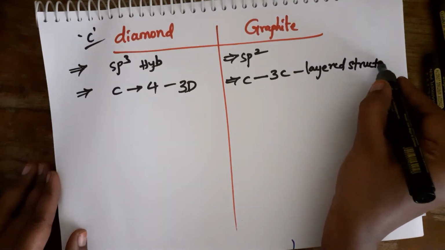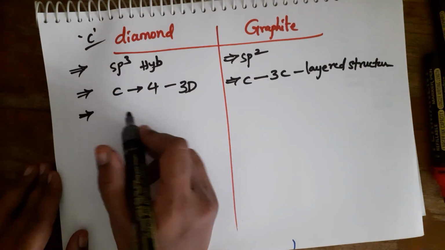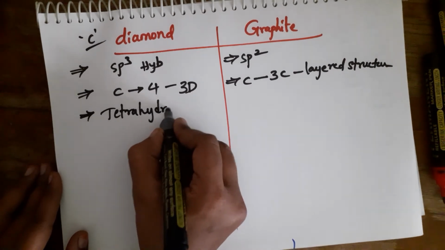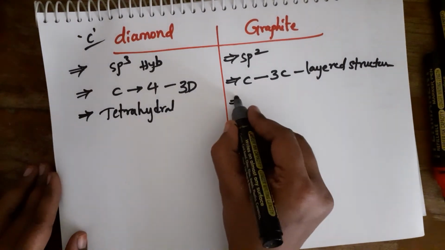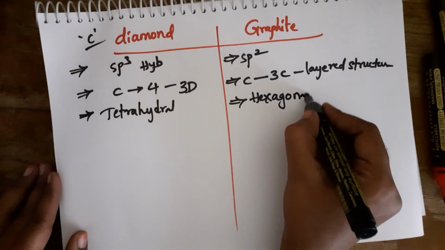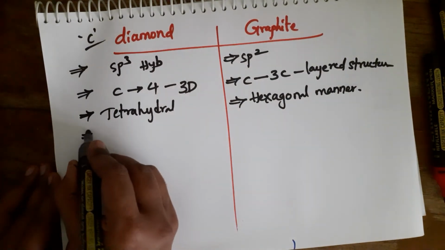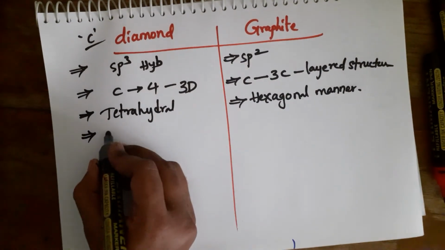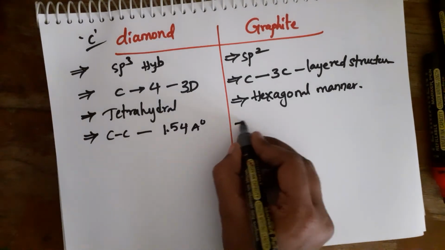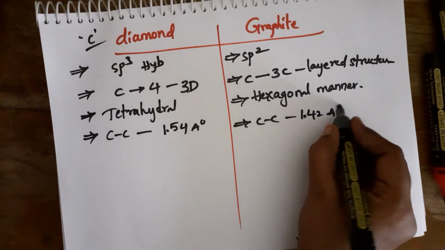In diamond the 4 carbon atoms are arranged in a tetrahedral manner; in graphite they are arranged in a hexagonal manner. In diamond the carbon-carbon bond length is 1.54 angstroms, and in graphite it is 1.42 angstroms.